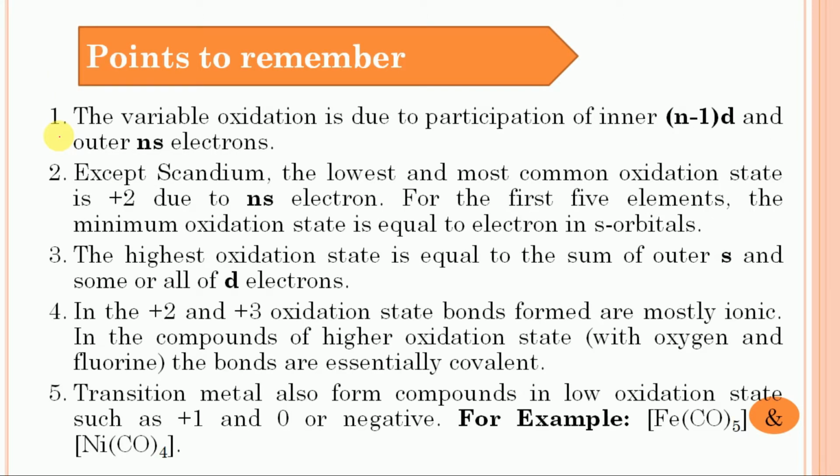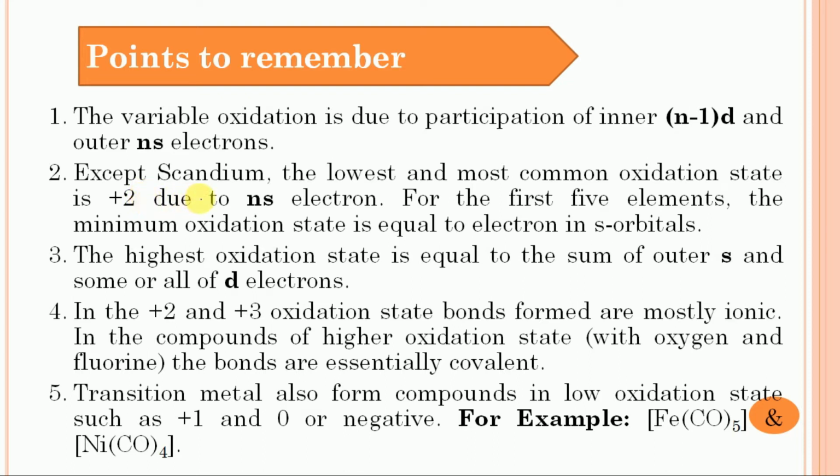The examination of the common oxidation states shown by different transition metals reveals the following facts. The variable oxidation state is due to the participation of inner (n-1)d and outer ns electrons. Except scandium, the lowest and most common oxidation state is +2.